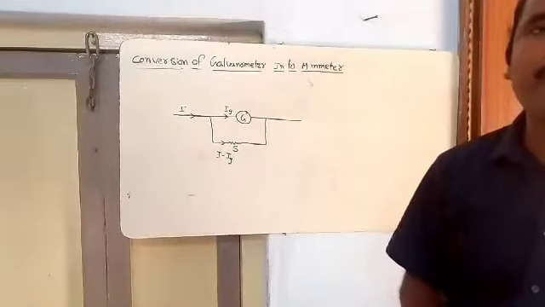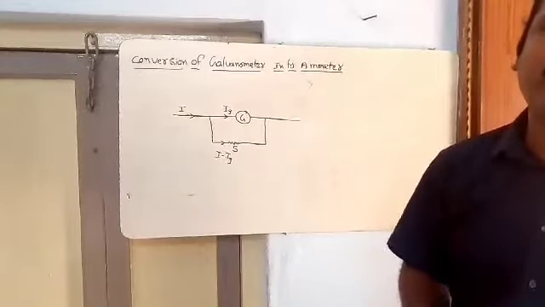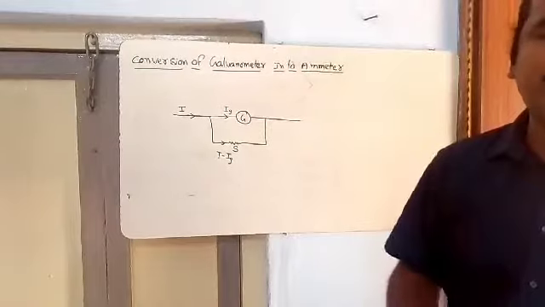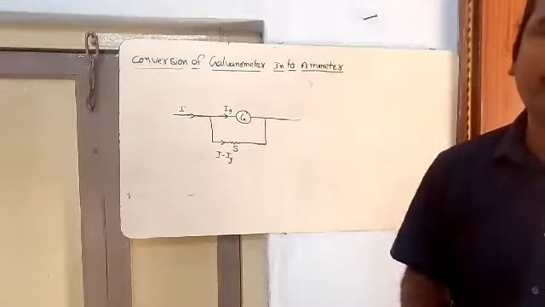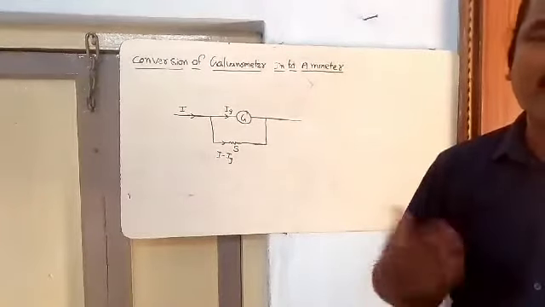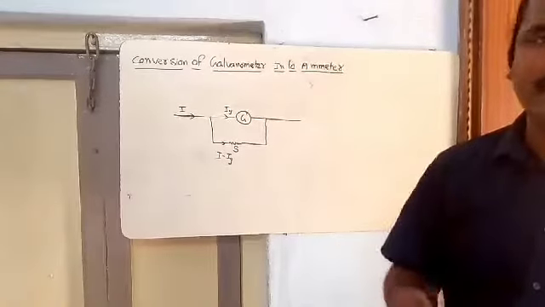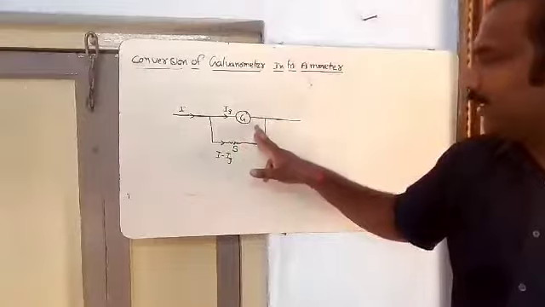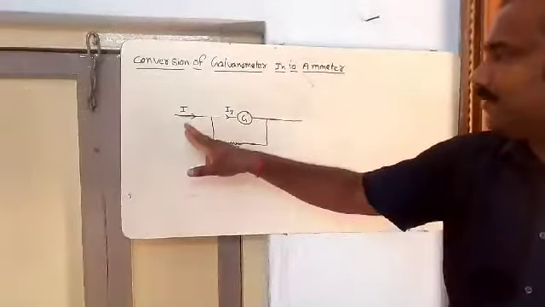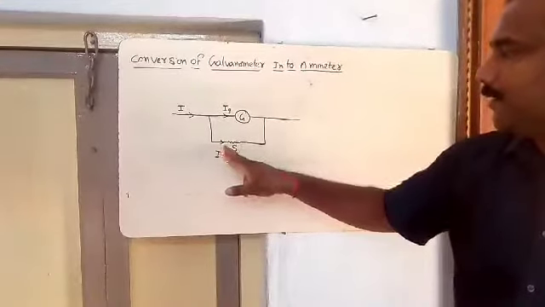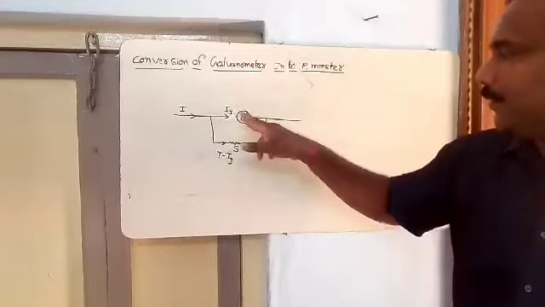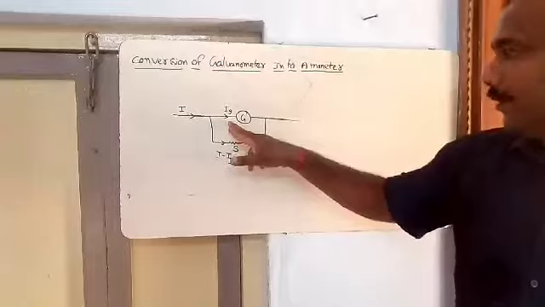So usually the problem is, if the galvanometer has more resistance, it can alter the values of current in the main circuit. In order to avoid that, a very low resistance value, namely a shunt, is connected. So more than 90% of the current passes through the shunt, and only a very little part passes through the galvanometer.